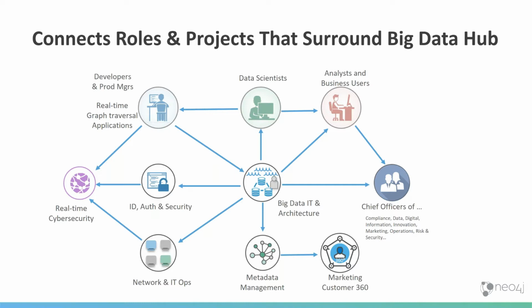So we're improving the relationship between our core developers and the big data IT architecture folks in the center of this slide, and then starting to navigate around that big data infrastructure as basically an information hub, or the core data hub, so that we can improve the connections between data scientists and developers as they build new features into their real-time traversal applications.